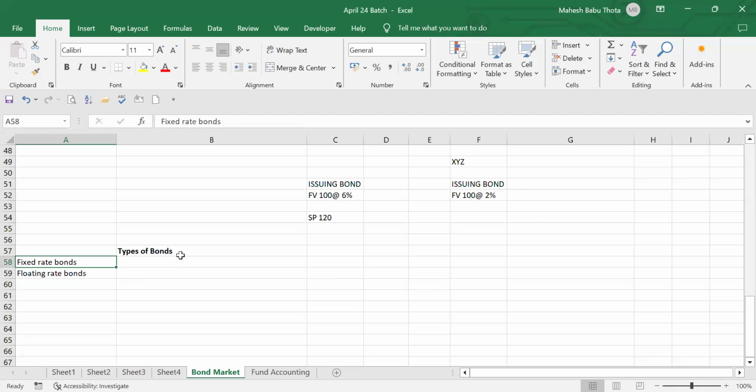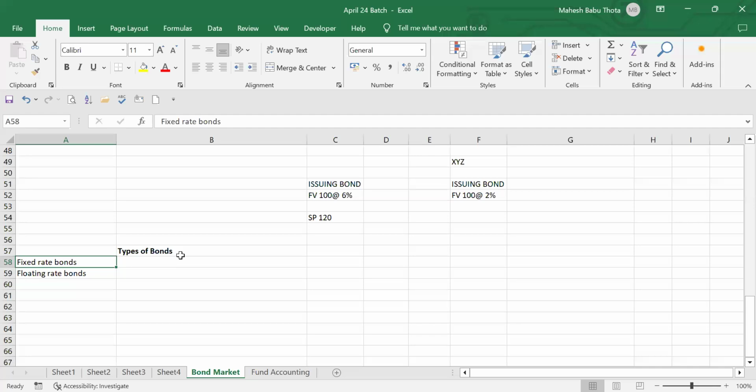Already we know a fixed rate bond means the interest remains fixed throughout the tenure of the bond. It won't change every month or every year. Suppose while you are purchasing the bond the interest rate is 3%. Until maturity, the interest rate will be 3% only. So fixed rate bonds are very resistant to fluctuations in the market.